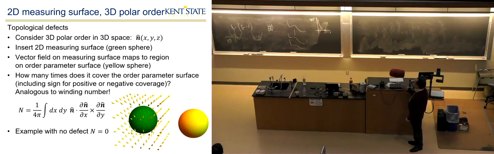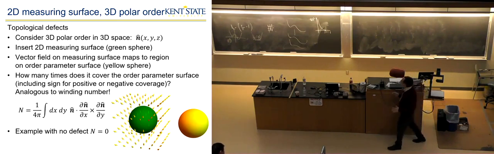Suppose our order parameter is a three-dimensional polar order that is represented by arrows, like these yellow arrows with one head pointing in any direction in three-dimensional space. So you can see, this is a picture.